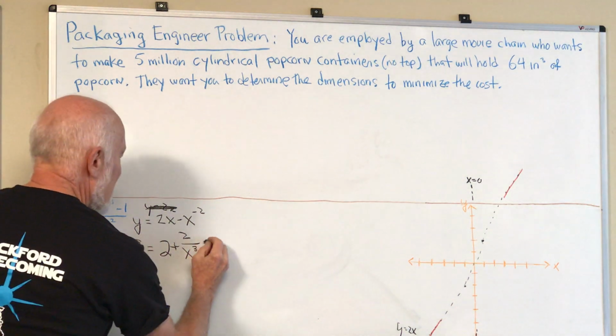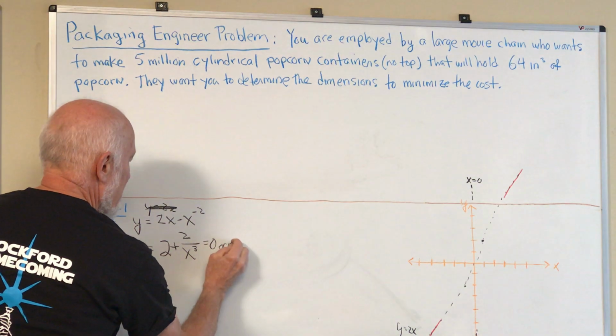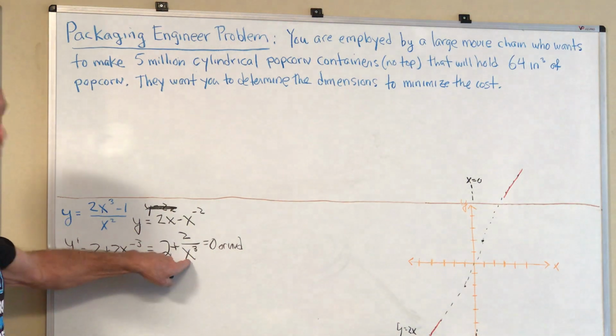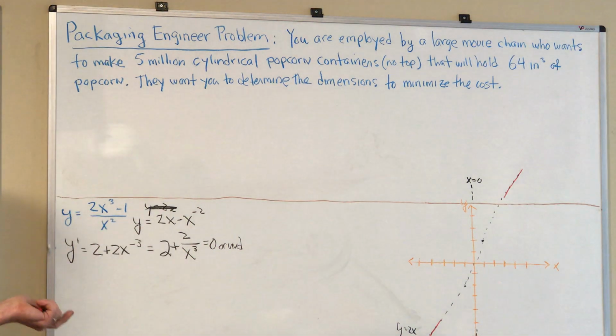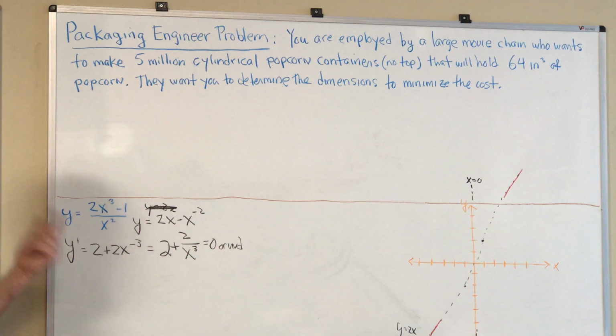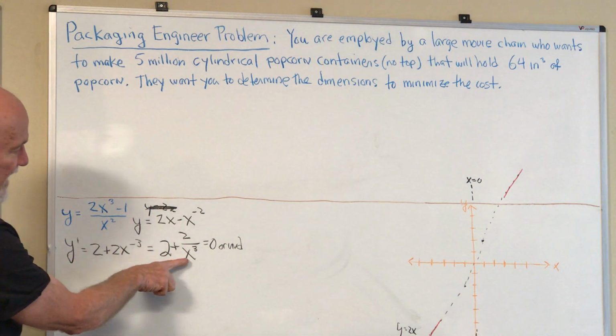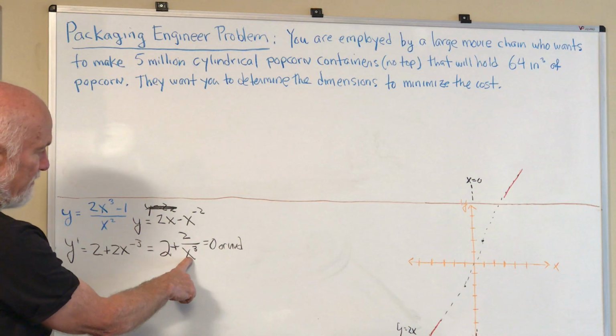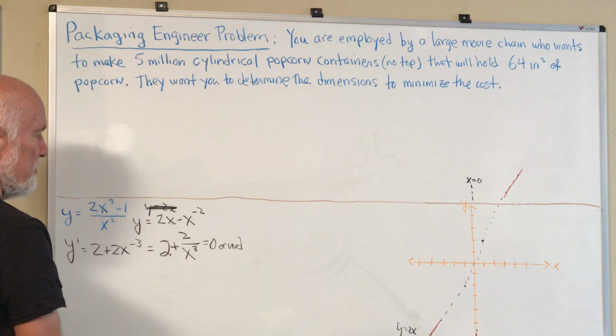And like usual, I set that equal to 0 or undefined. In this case, you find out it's undefined at x equals 0. And is it ever equal to 0? Well, you can either go through some algebra or just notice that if you put in -1 for x, you get 2 minus 2.